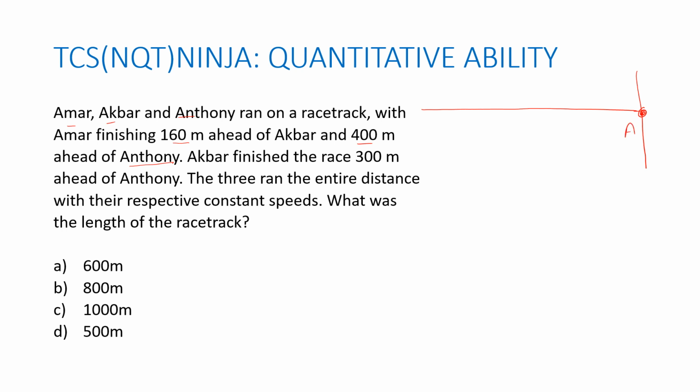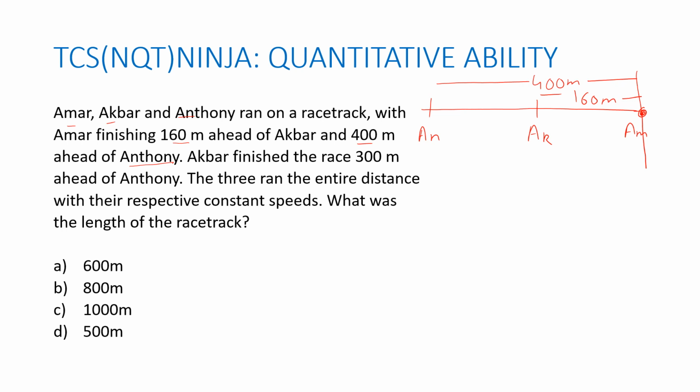This guy is Amar. Where is Akbar? Akbar is over here, and Akbar happens to be 160 meters behind Amar at that point of time. And there is another guy called Anthony who is the slowest, and Anthony is 400 meters from the finishing line at that point of time.